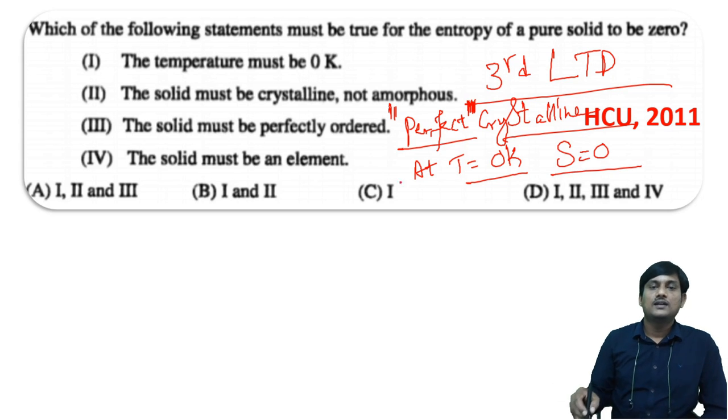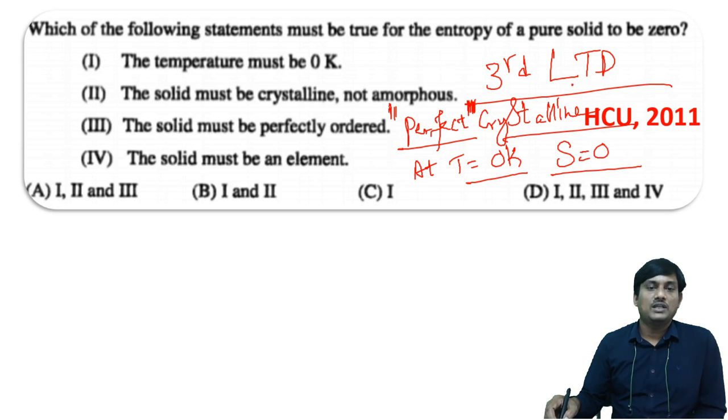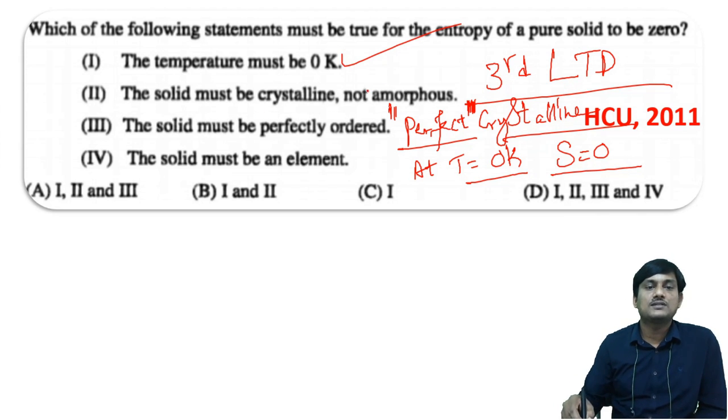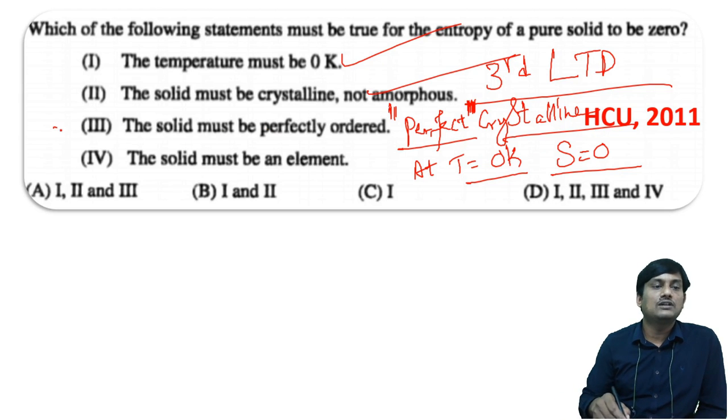This is a statement of the third law of thermodynamics. The temperature must be 0 Kelvin, correct? The solid must be crystalline, not amorphous, correct? The solid must be perfectly ordered.